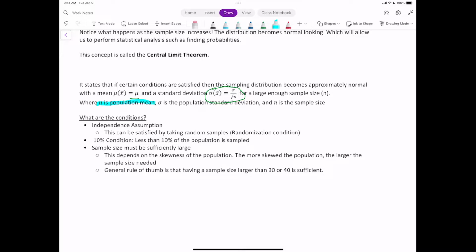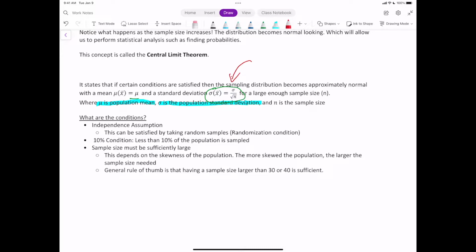It turns out that the mean of your population will be the same as the mean of your sampling distribution. And sigma is your population standard deviation. But whenever it comes to calculating probabilities and things of that nature with a sampling distribution, you're not going to use just sigma, you have to use your standard deviation divided by the square root of n. That's the difference between working with just a single value versus working with a distribution of samples.